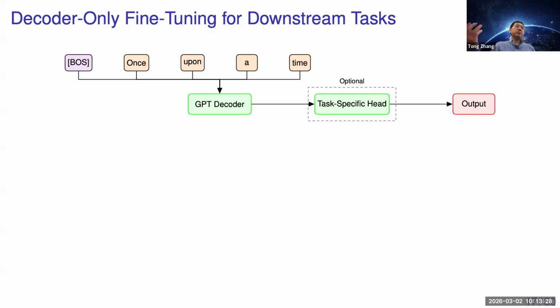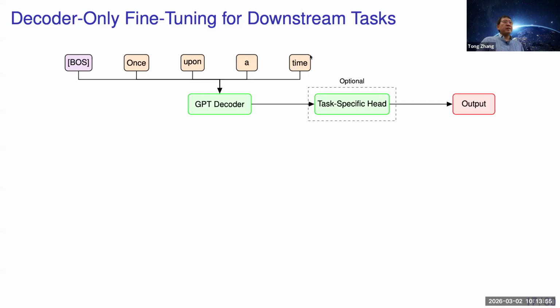Essentially, this gives the reward. People sometimes train a reward model this way, coming out with a head. So this is one way to do that, by using the hidden representation of the last token.